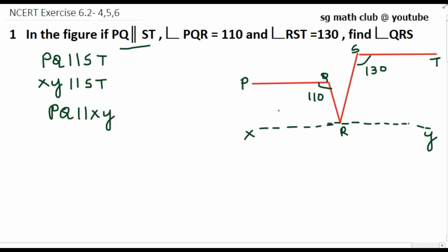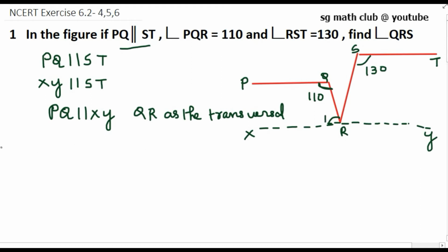And if PQ is parallel to XY, we can consider QR as the transversal. Now we can see two angles on the same side of the transversal.